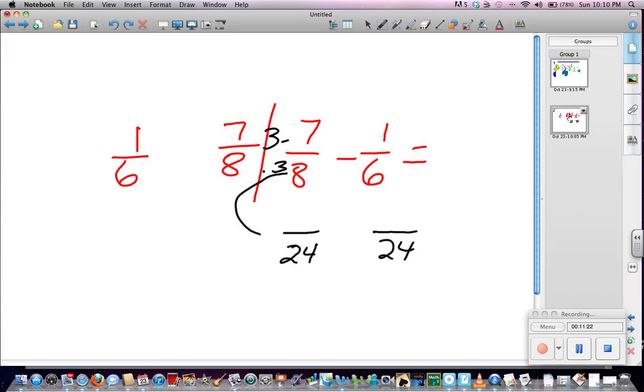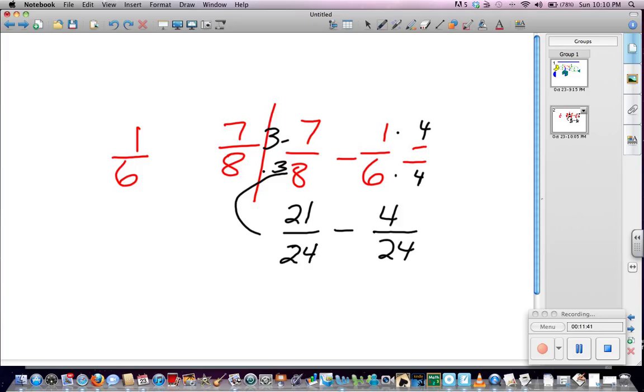Where did my pen go? There we go. And so 7 times 3 is 21. So 7/8 is the same as 21/24, so I'm going to subtract these two, and then I'm going to decide how did I get from 6 to 24? Well, that was times 4, and so of course I'm going to need to do times 4 up here as well.